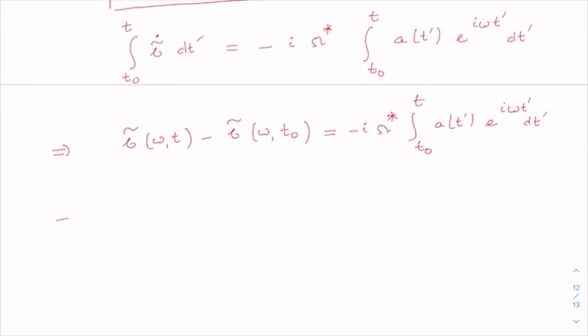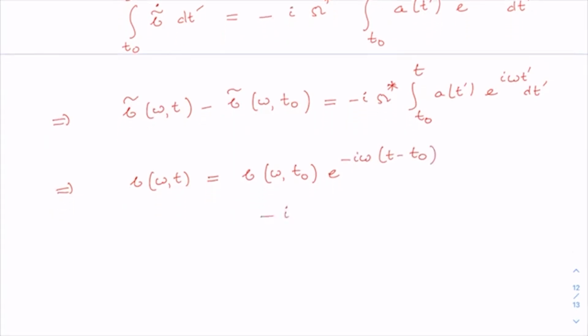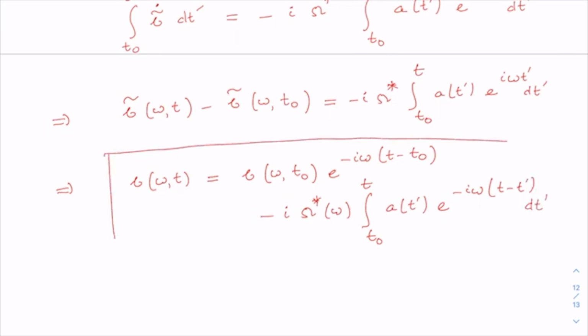And from here I can rewrite this in the variable b of omega t. So b of omega t is equal to b of omega t0 e to the power minus i omega (t minus t0) minus i omega star of omega times the integral from t0 to t of a of t dash e to the power minus i omega (t minus t dash) dt dash. So this is what we get as our formal solution.